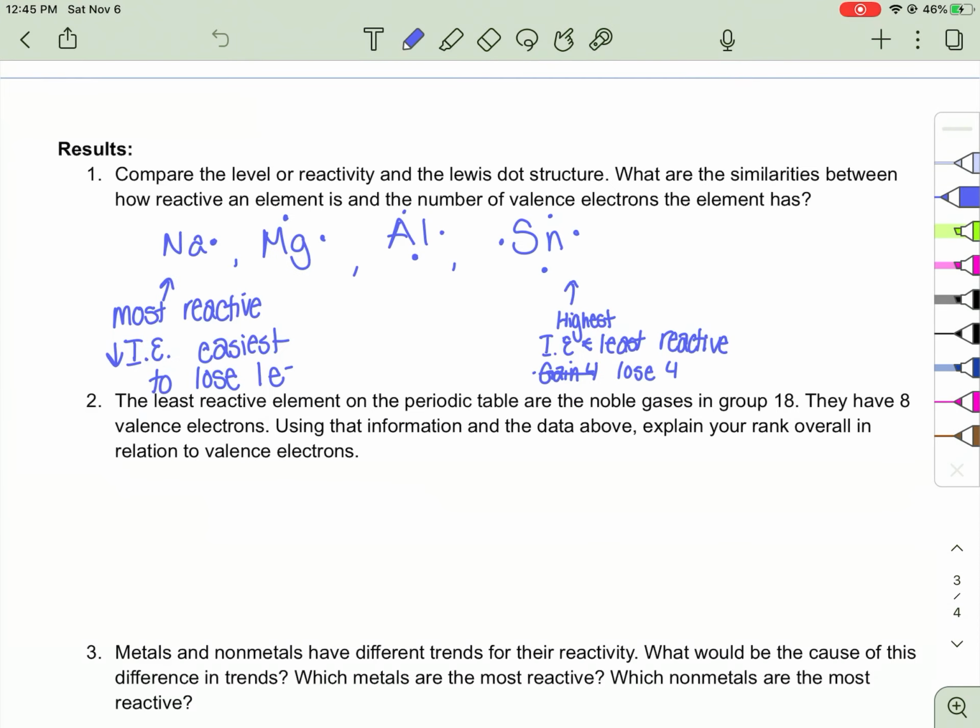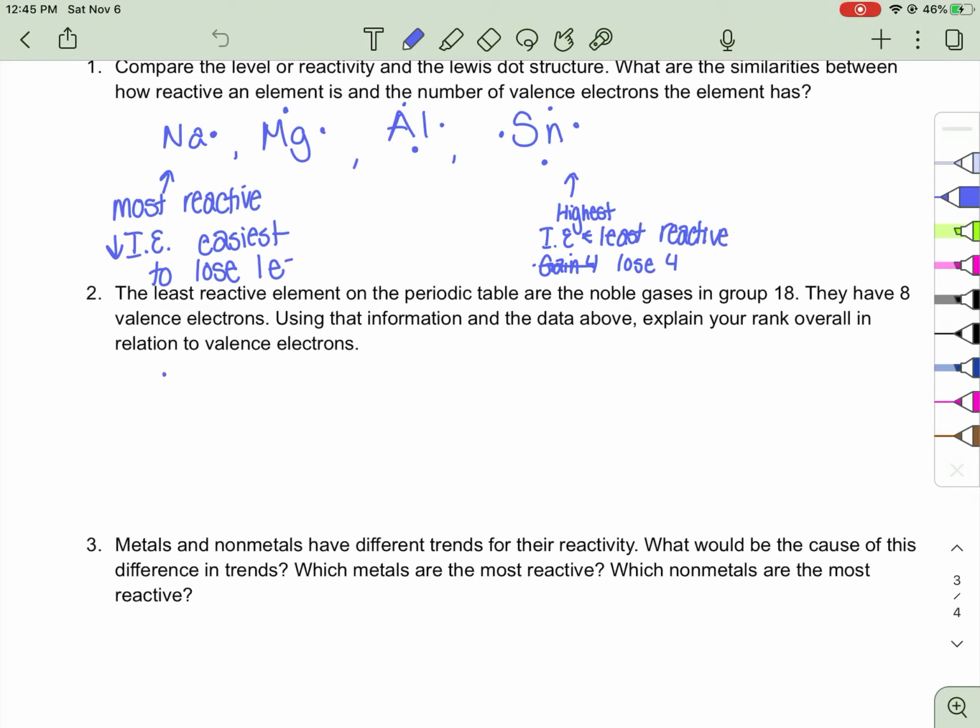Again, the least reactive elements in the periodic table are noble gases. They have 8 valence electrons. They also have the highest ionization energy. They will not share.